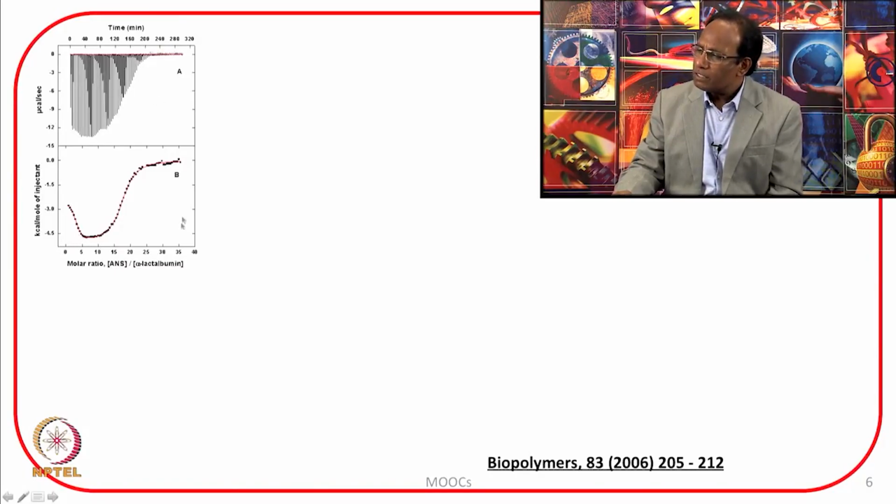How to interpret this kind of profile? It is not a single sigmoidal kind of profile, but it shows a few variations. For example, initially the interaction is towards more exothermic side, and then there is a change and going towards the 0, that means towards the saturation of binding sites.